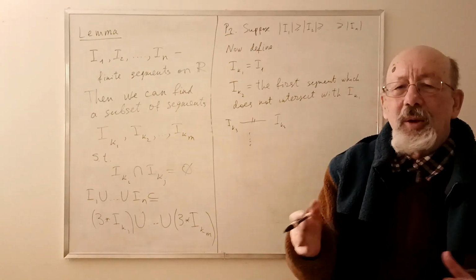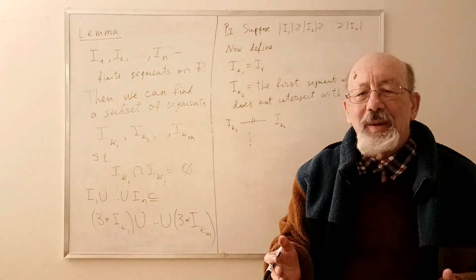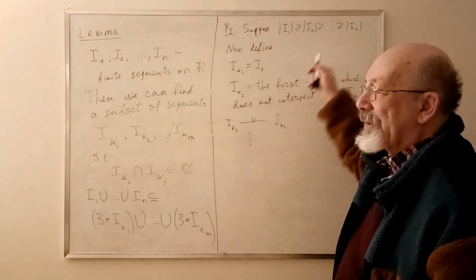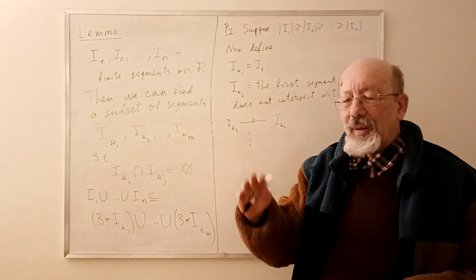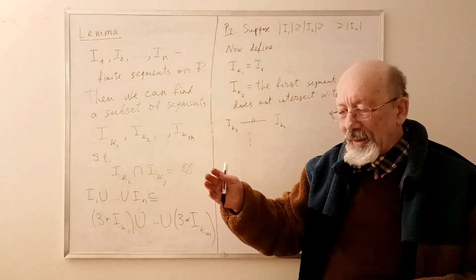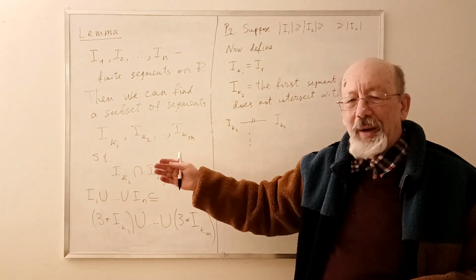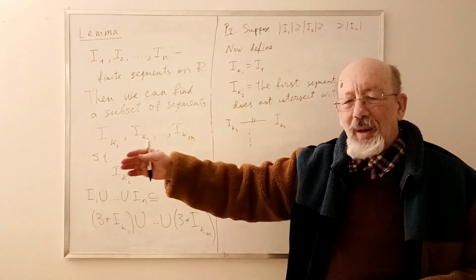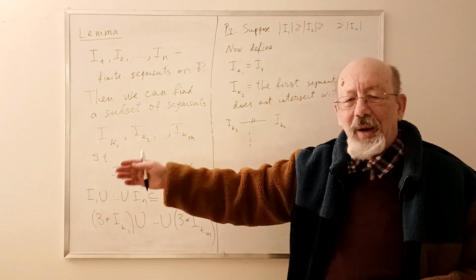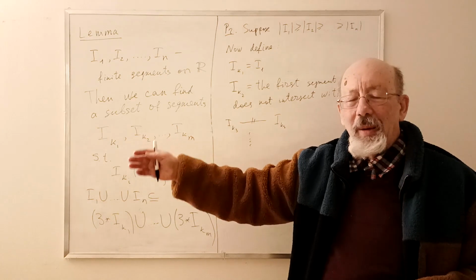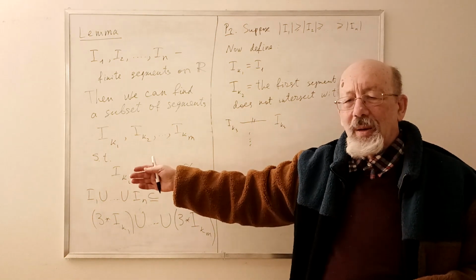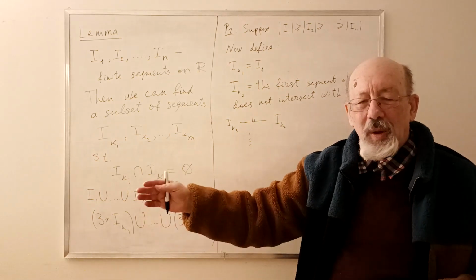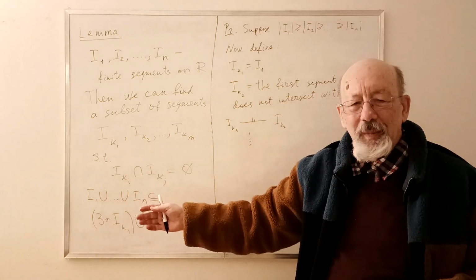At some step we cannot find the next one: all those after this I KM are intersecting with some of the previous ones, then we stop.